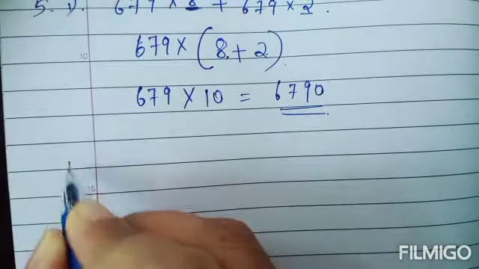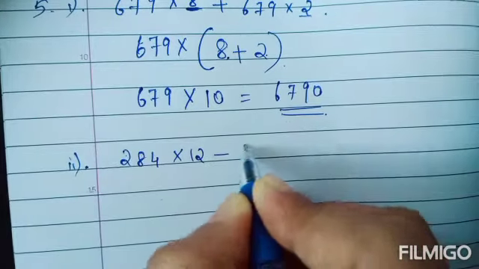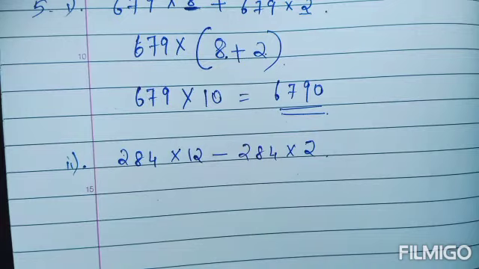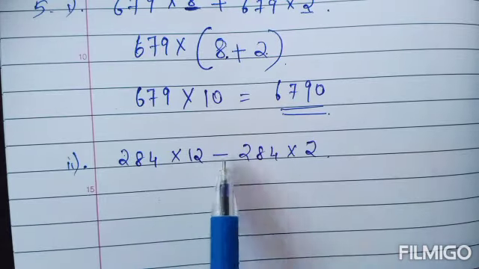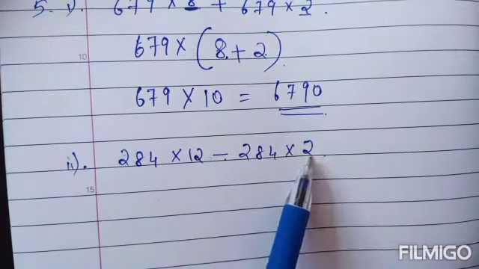Now in the second one, 284 into 12 minus 284 into 2. Here also you can use the distributive property, the distributivity of multiplication over subtraction. 284 is multiplied by 12 and 2 here.